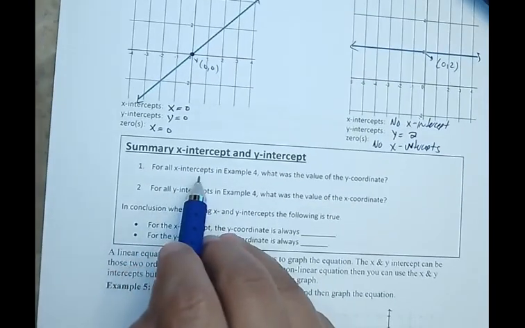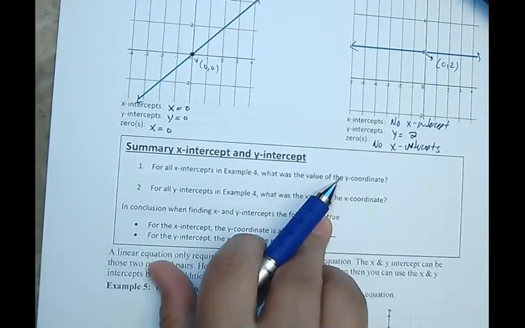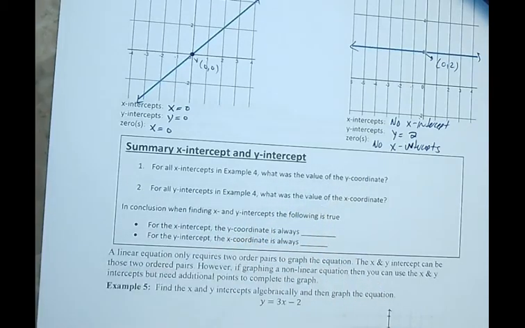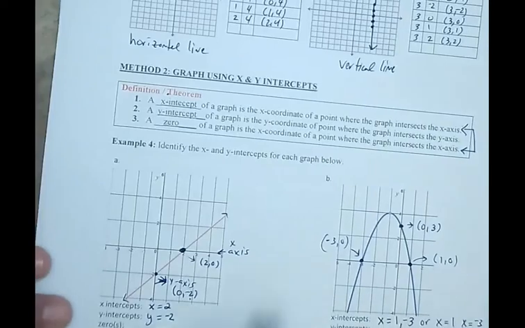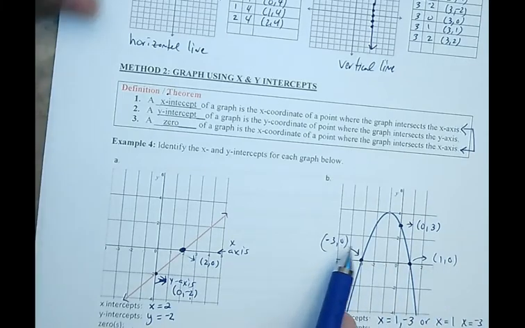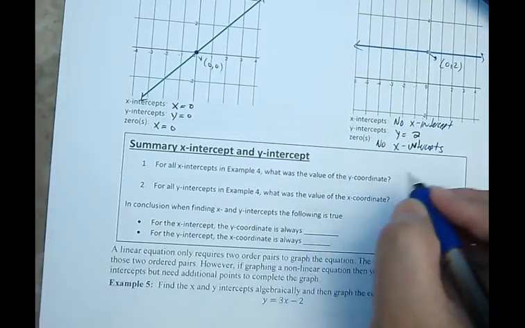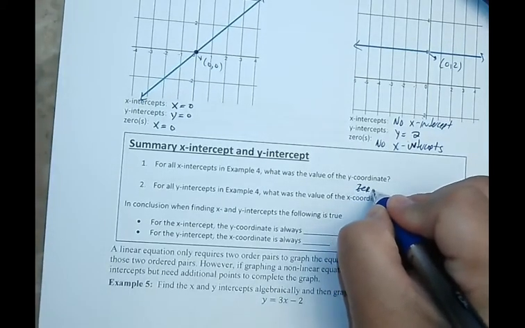So in summary, for all x-intercepts in example 4, what was the value of the y-coordinate? So if we look at the x-intercepts, the value of the y-coordinate is 0 here. And notice for these two, the value of the y-coordinate is 0 and 0. And so the value of the y-coordinate is always equal to 0.